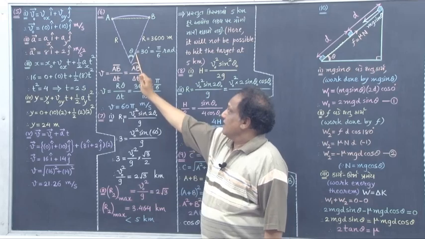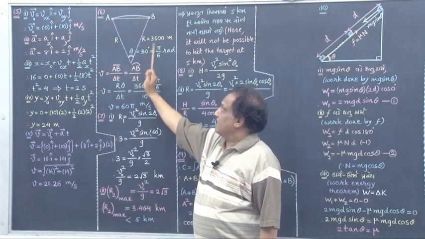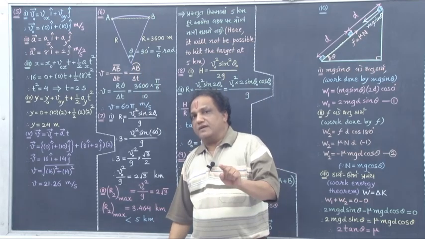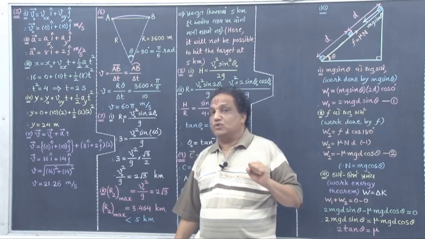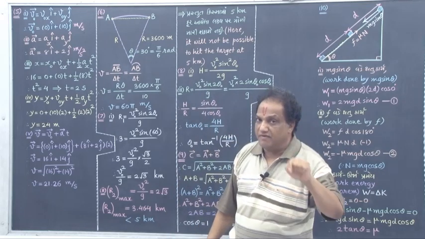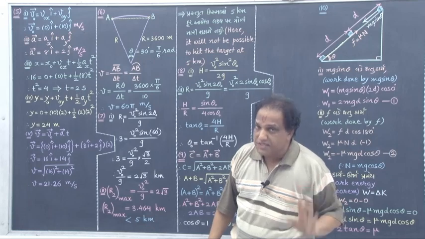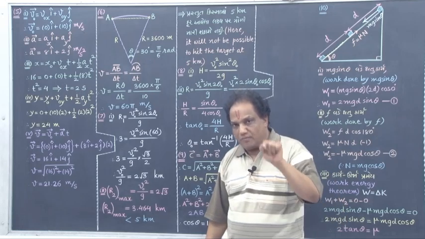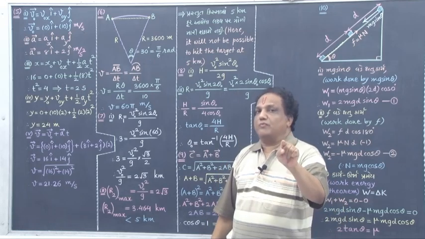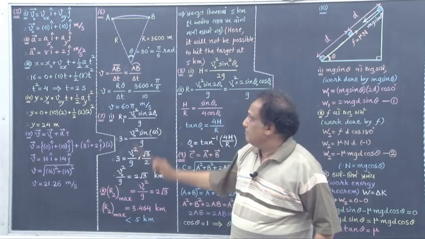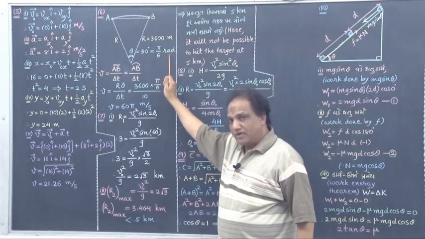Now, if you take this angle 30 degree in radian, then converting degree to radian, what you should do? You should multiply by pi divided by 180, correct. So 30 into pi upon 180 will come out to be pi by 6 radian, okay.